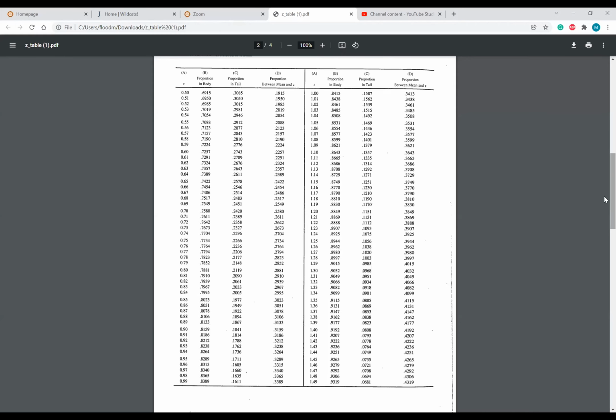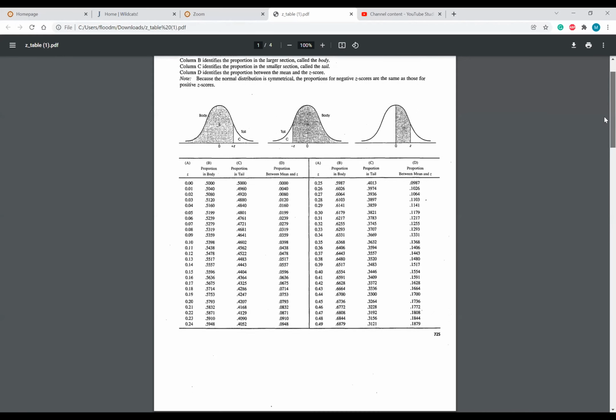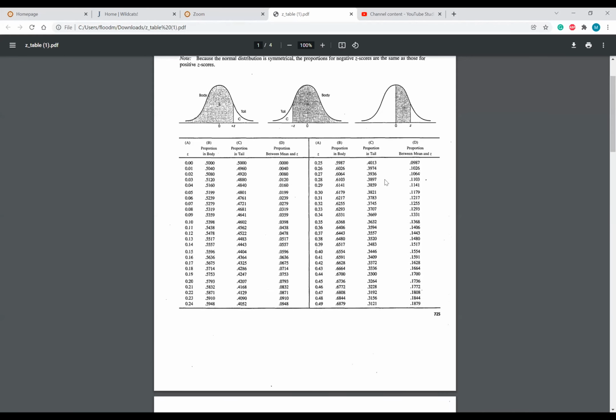So we're going to find where the z-score of 0.25 is, which is right here. And then we're going to find the proportion in the body, which is 0.5987. All right. So let's do another problem.